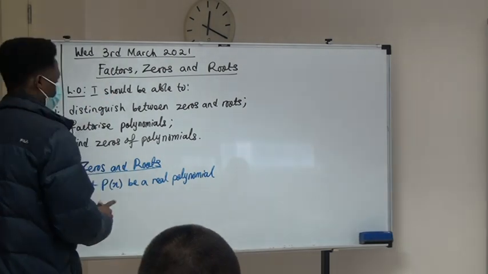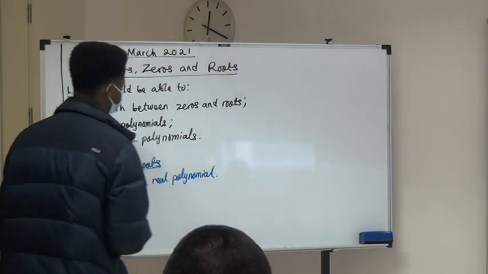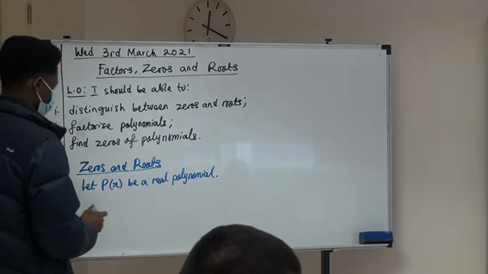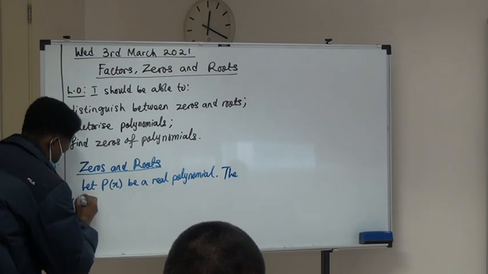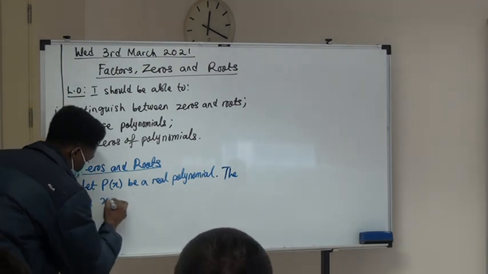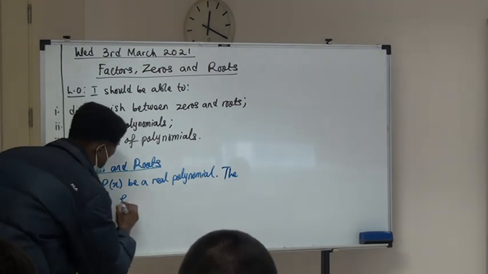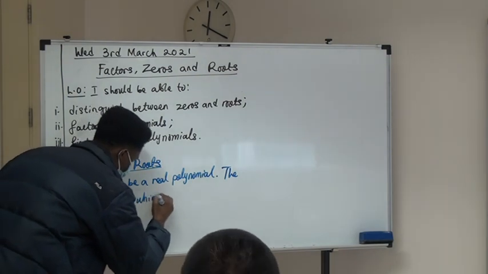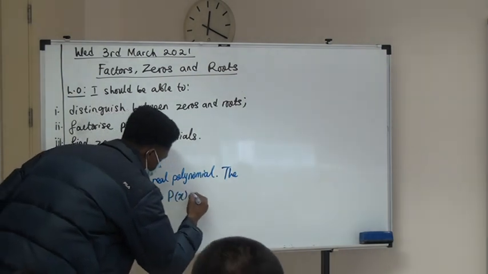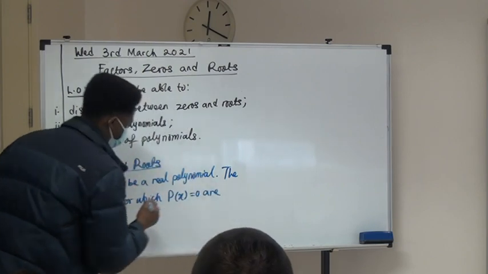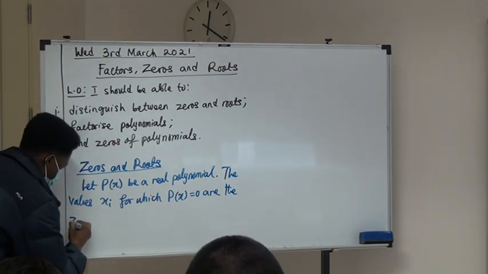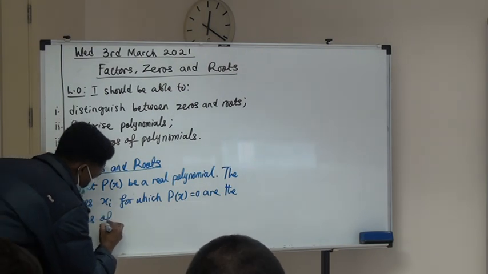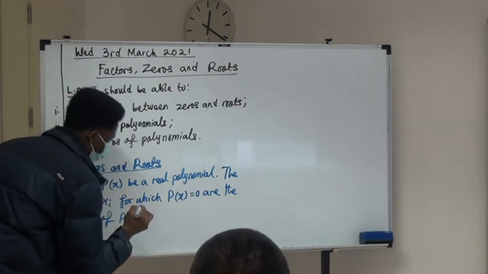So let P of x be a real polynomial. The values xi for which P of x is equal to 0 are the zeros of P of x.